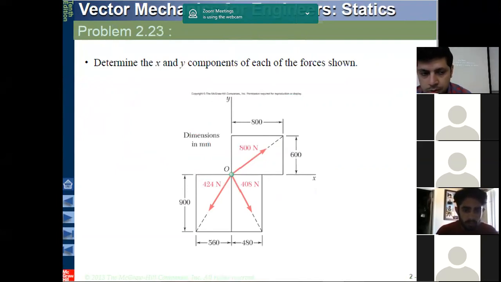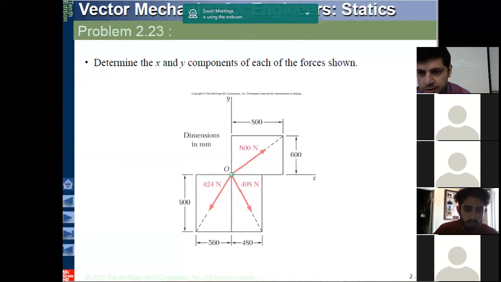So I'm going to give you some time to solve this problem. Here you're asked to calculate X and Y components of the forces.